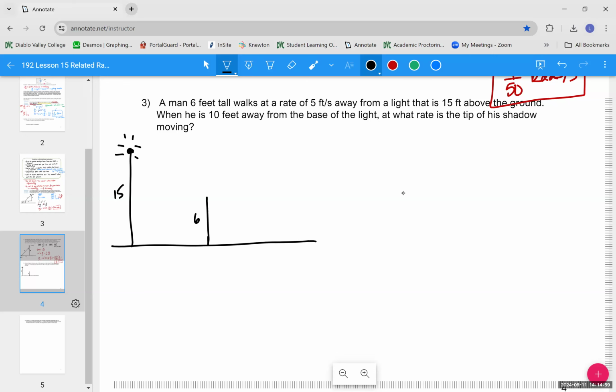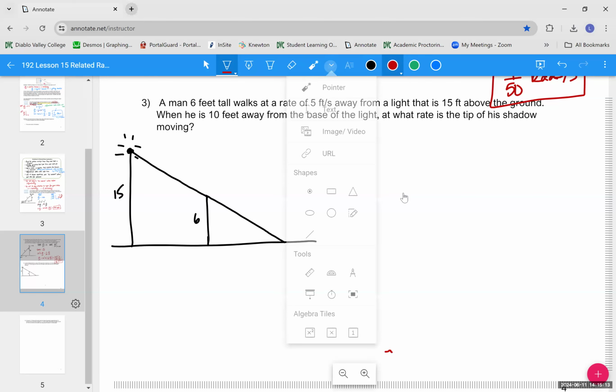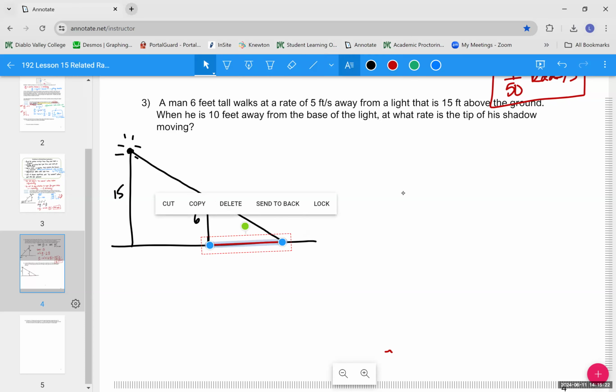So the way these things work is the light will hit the man and continue to make a triangle, a straight line. And let's see if I can label this with a line. I'm going to try anyways. This part here that I've drawn in red, this is the shadow. That is the geometry of these problems.